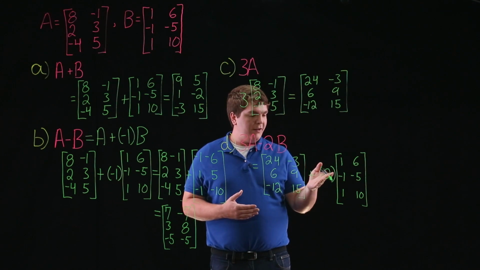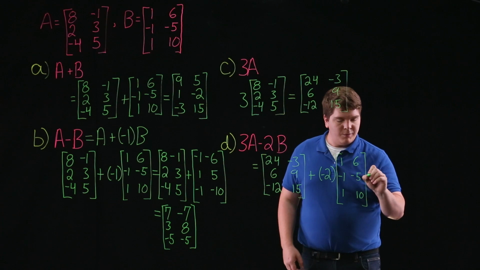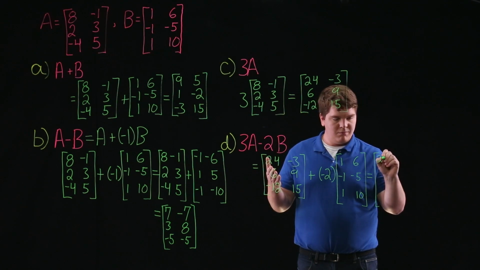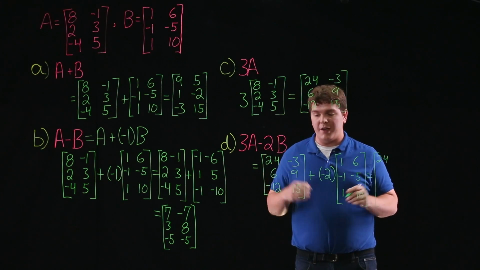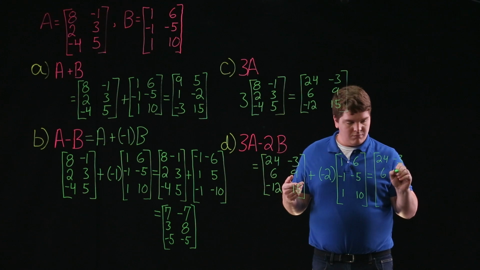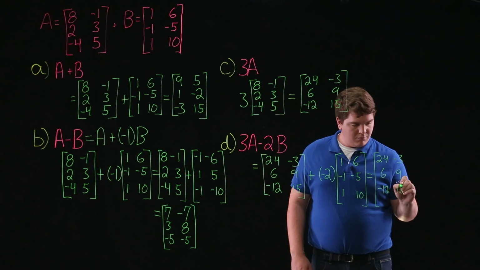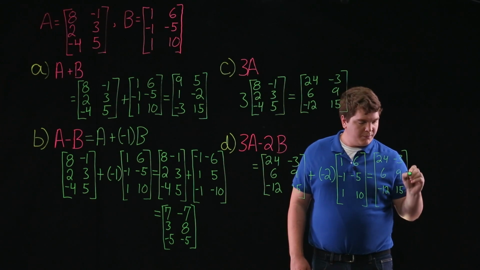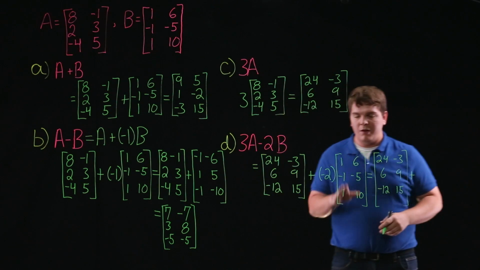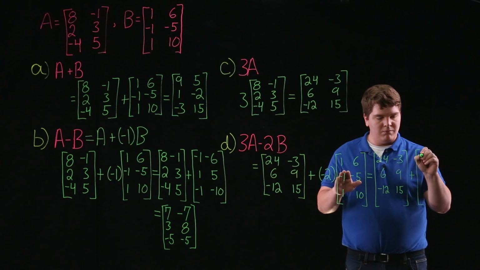So here, if we go ahead and multiply our matrix B by negative 2, we end up with the equation, our matrix 3A, and to this matrix, we're adding negative 2 times B. So we'll multiply each entry in our matrix B by negative 2.